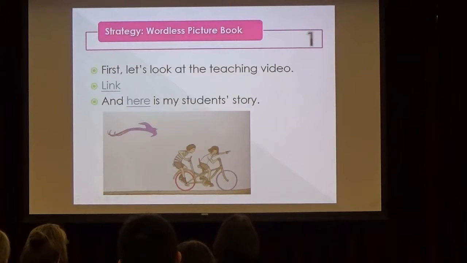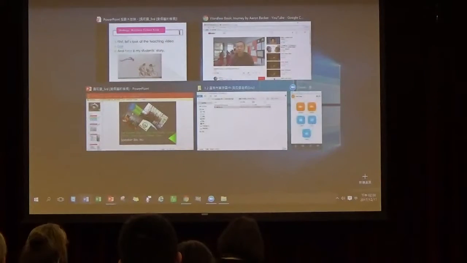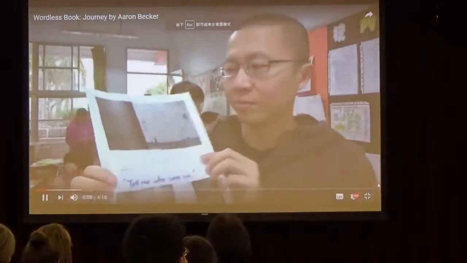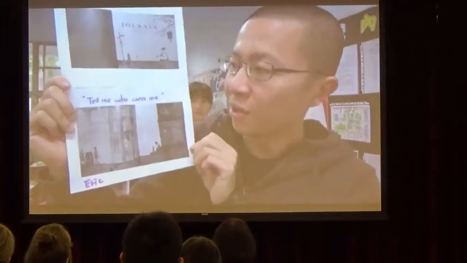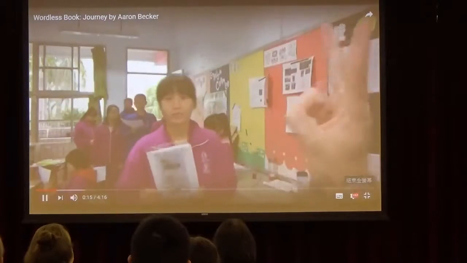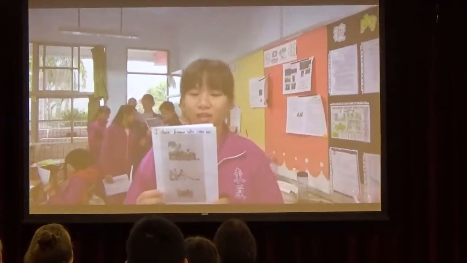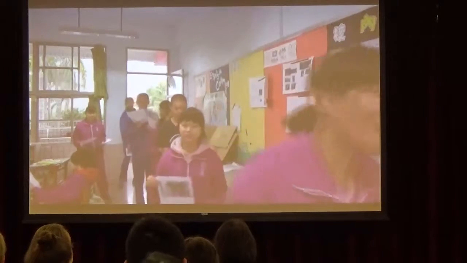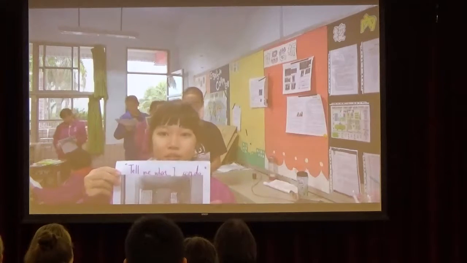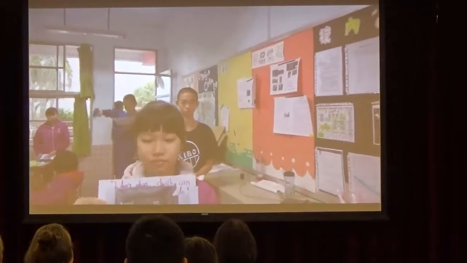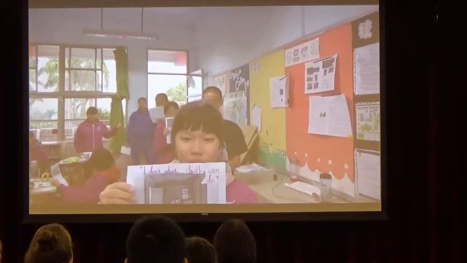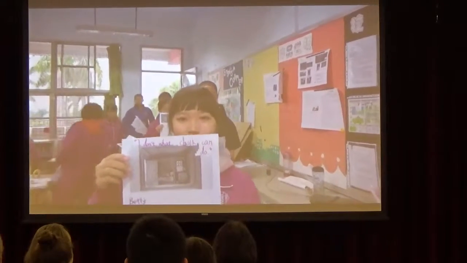Hi, we are class 903 from Dongyan Junior High School. Today we are going to read Journey with our own story. Okay. First, tell me who cares me. The girl in the house doesn't know who cares her. Tell me what the girl on the bed can do. I don't want the child is drinking.